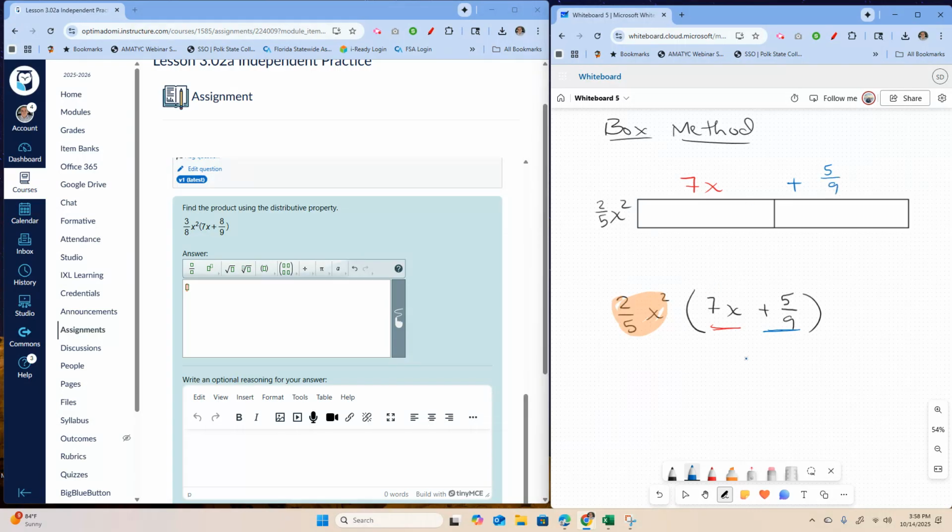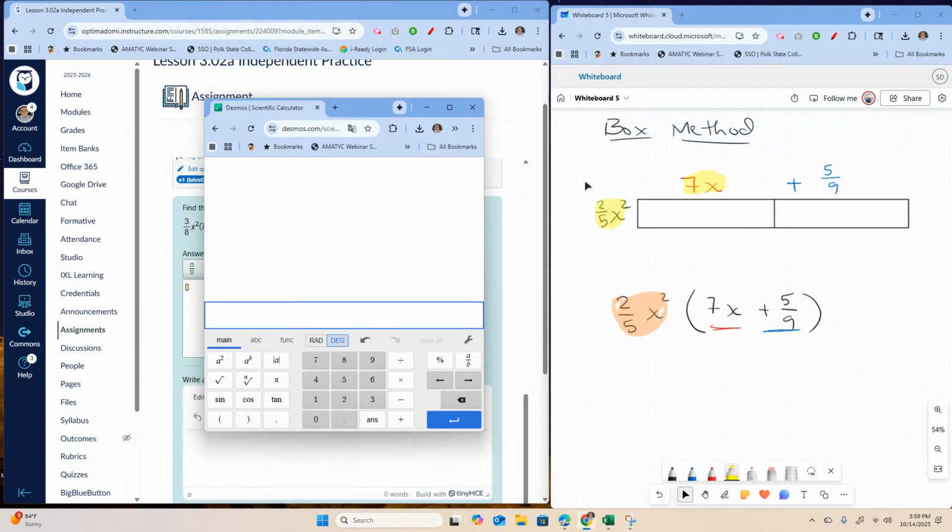Now you're going to multiply, okay? So you're going to multiply here the 2/5 x squared times 7x. So you multiply the numbers with the numbers. So I'm going to use the calculator. Here is my calculator. Just put 2/5 times 7.